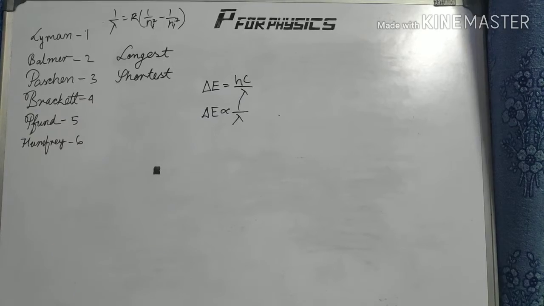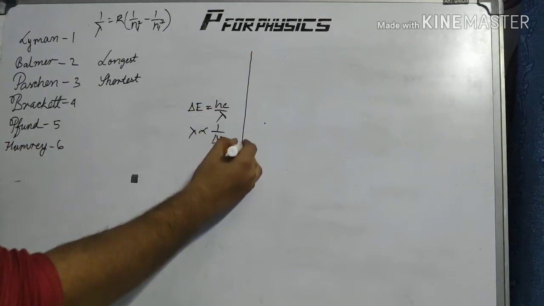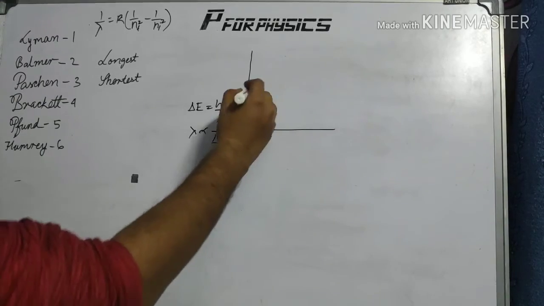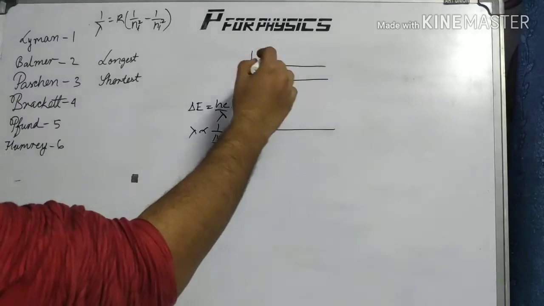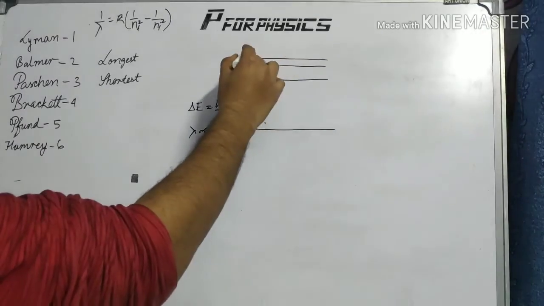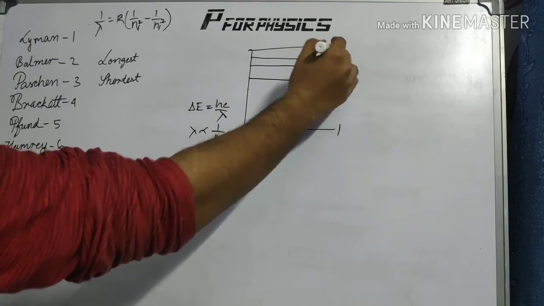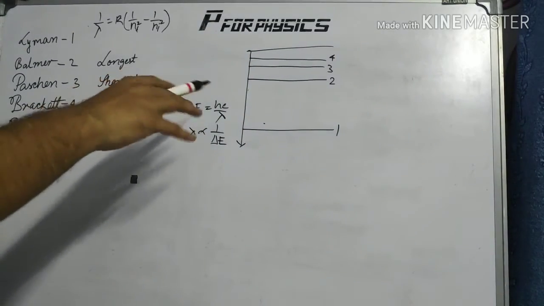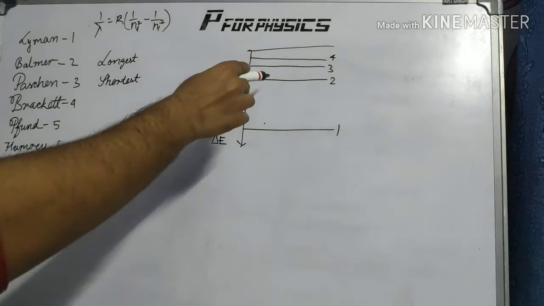And now if we draw the energy levels roughly, this is 1, 2, 3, 4. Now see that for any given level, the shortest energy gap is from exactly the next one.